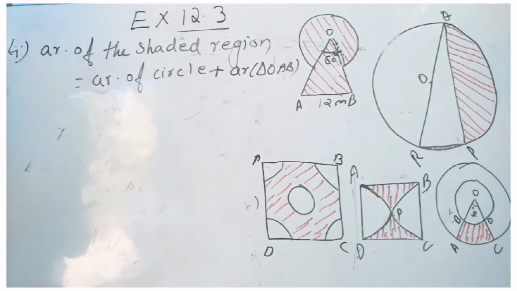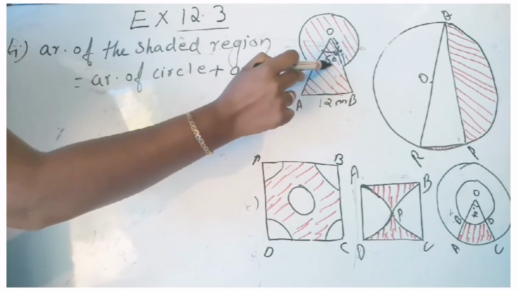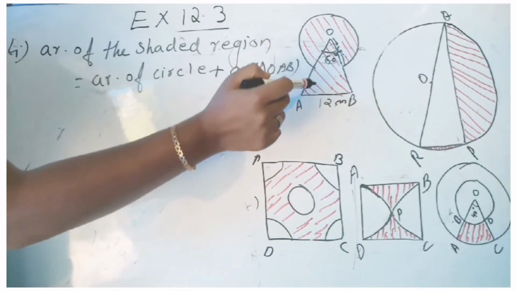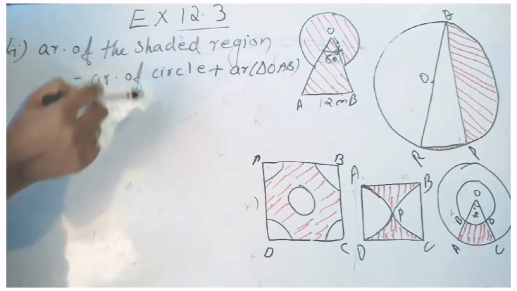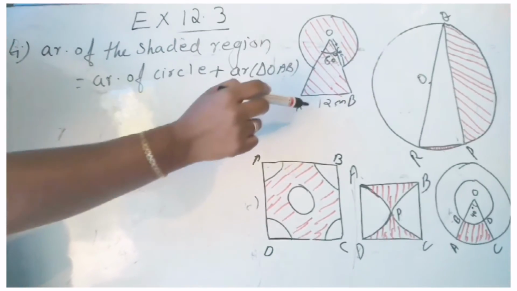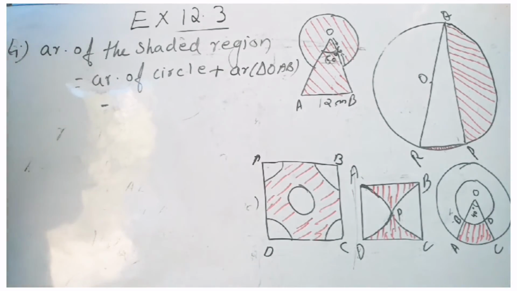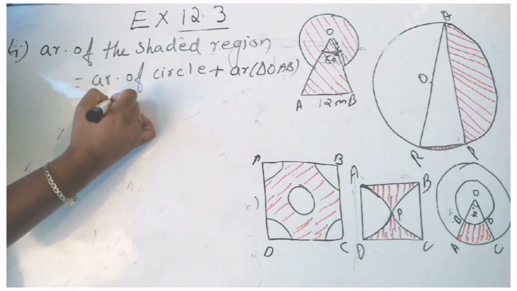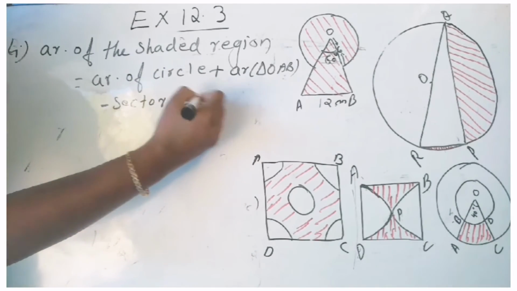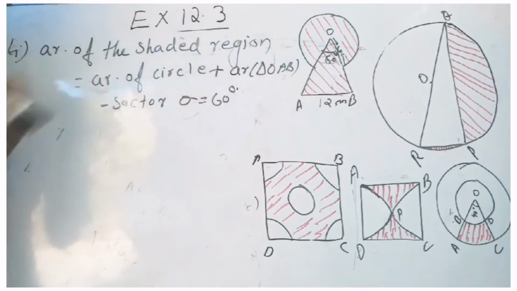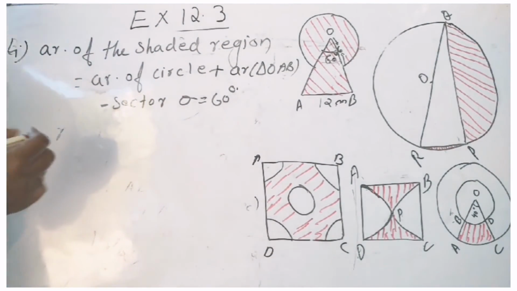Area of circle, this portion is included, and in the area of triangle also this portion is included. That means that portion comes 2 times, so we need to exclude that portion, that is the sector with angle 60 degree. So minus the area of the sector with angle 60 degree.